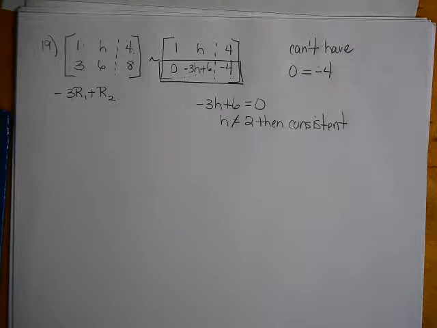And step 3: all entries in a column below a leading entry are all zeros. Leading entry, everything below it's got to be 0, for it to be in echelon form.